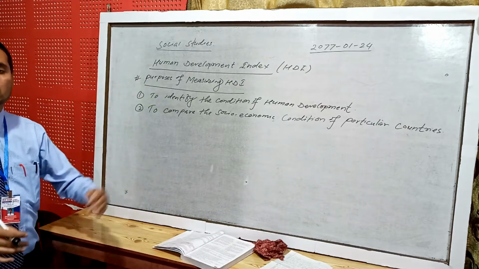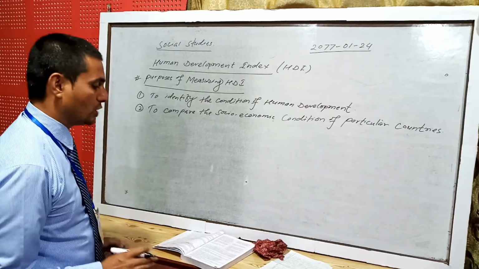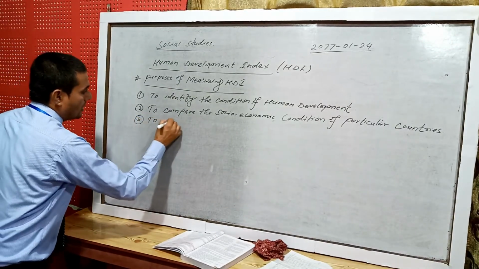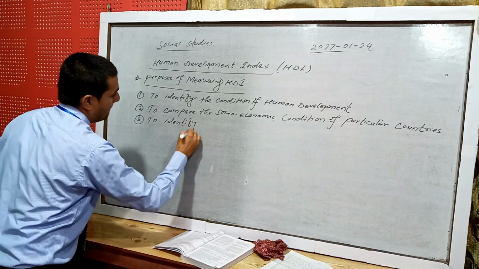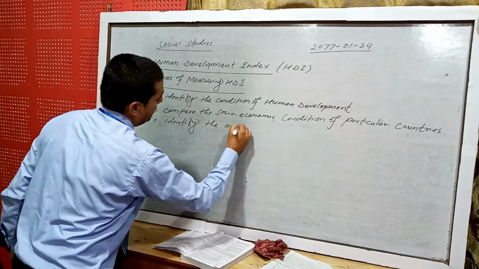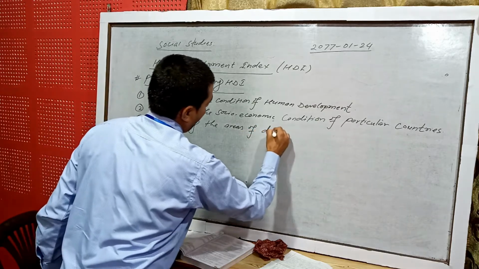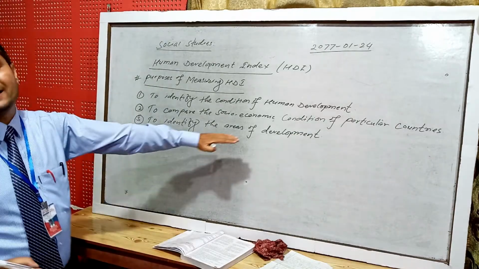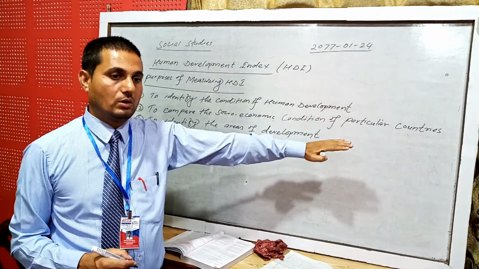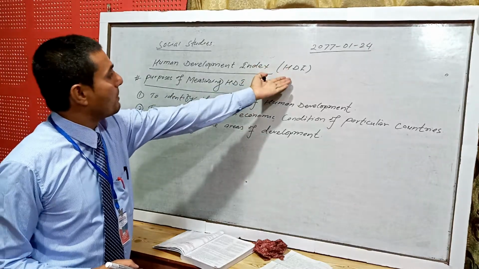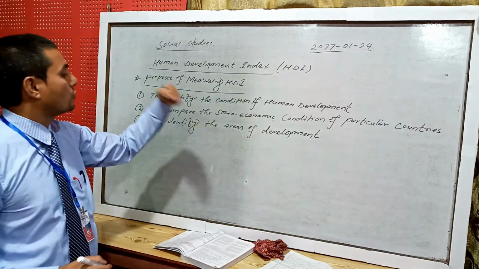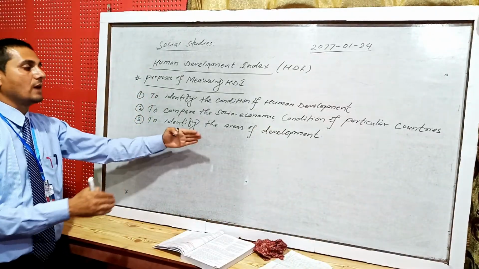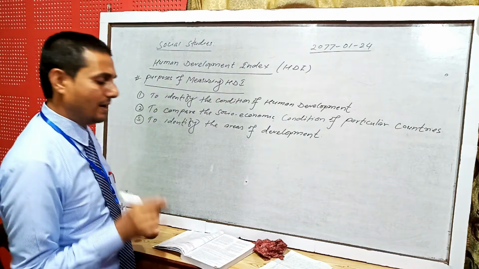We can compare the social and economic condition of the particular countries. Similarly, the next one is to identify the area of development. The main purpose of calculating HDI is to identify the area of development, and after finding out the area of development, it carries out several developmental activities.